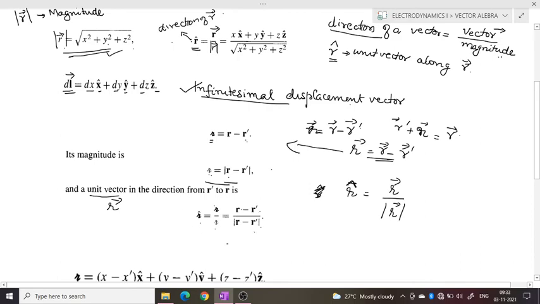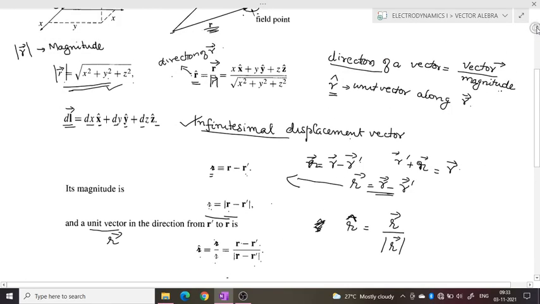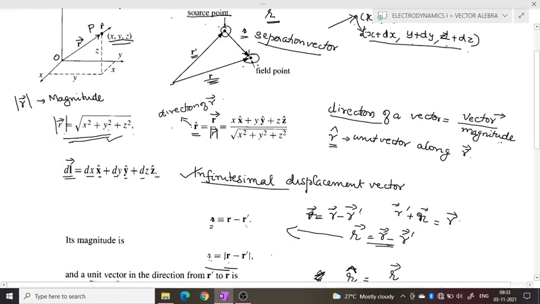So you get the direction from r dash to r, from source point to field point. That is the direction of the field at the field point.